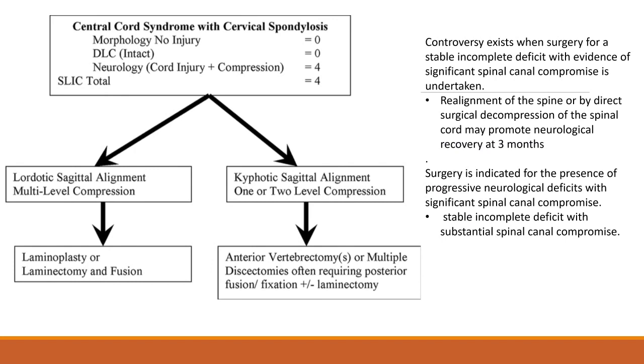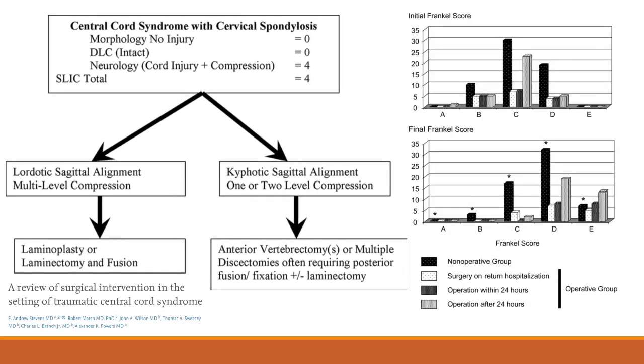Class 4 evidence suggests that surgical decompression of these patients, who demonstrate a progressive neurologic deficit or a stable incomplete deficit with evidence of canal compromise secondary to spondylosis, potentially in the setting of congenital canal stenosis, have an improved neurologic outcome, as can be seen here by the initial Frankel score, the non-operative group in the dark, with the remaining 3 stratified based off surgical time, demonstrating a significantly improved Frankel score 3 months out from surgery.